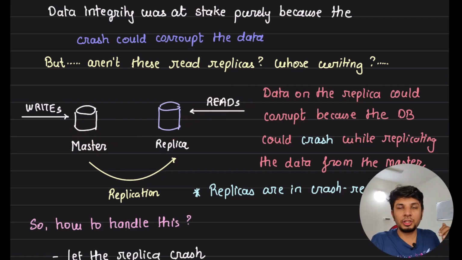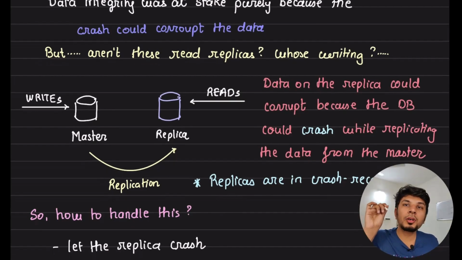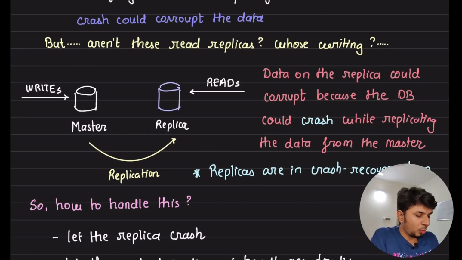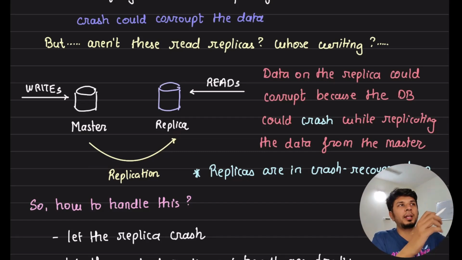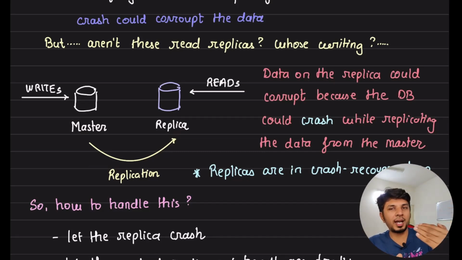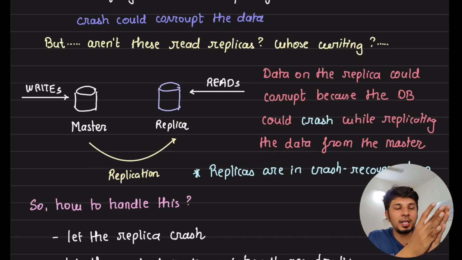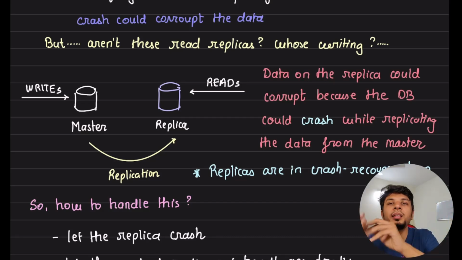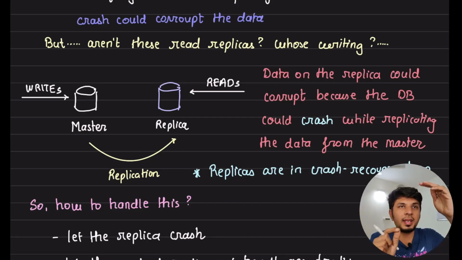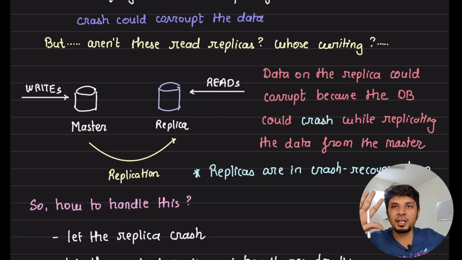Meanwhile you are getting constant read traffic on the replica. So the data on the replica could get corrupted. Let's say the replication job asked the replica to fire an update on a particular row, and during a bulk update on 100 rows, while it had updated only 50, your database crashed, and due to any bug in the existing software, your data could corrupt.